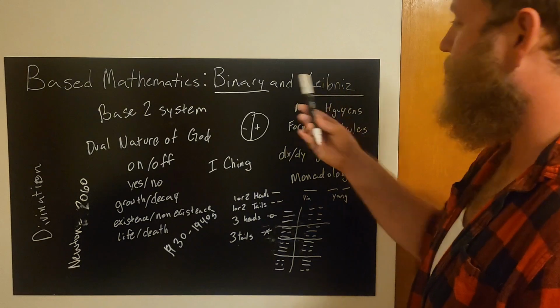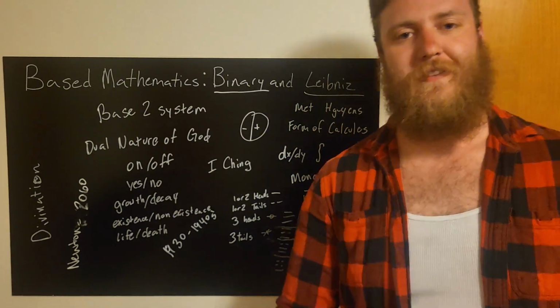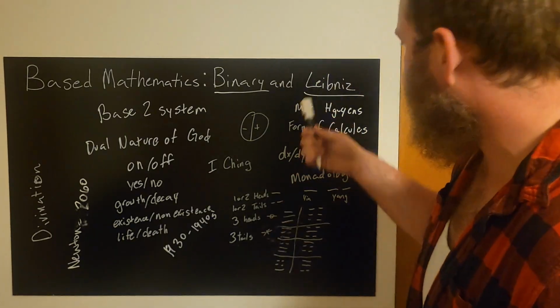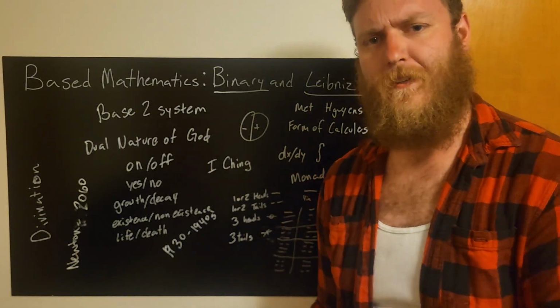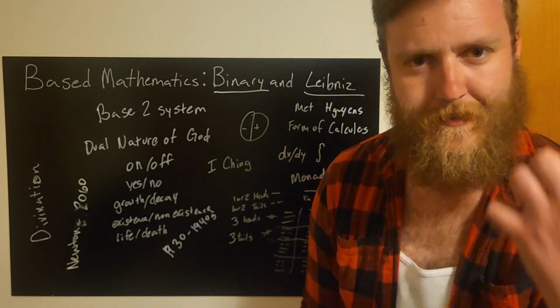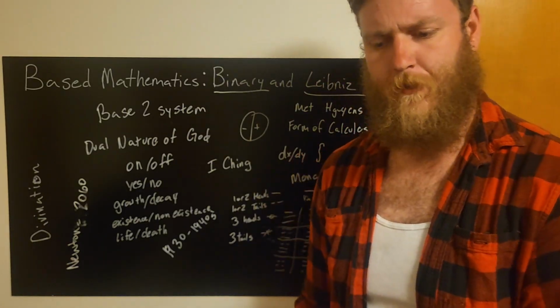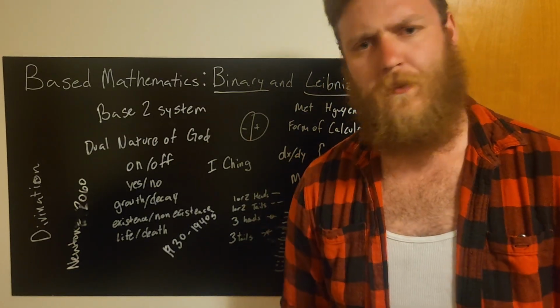But yeah, Leibniz and binary. His nature of God. The truth that he was seeking. Because at the heart of any scientist, any mathematician, any philosopher is a deep, entrenched desire to find the truth, to uncover the unknown, to delve deeper into the mysteries of the world.